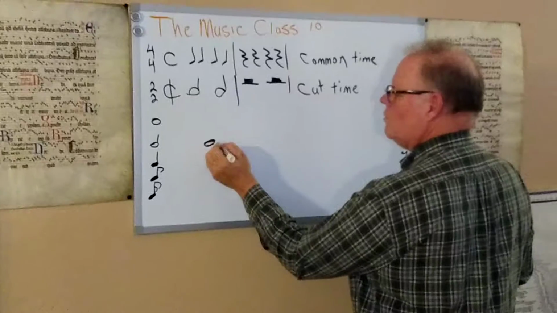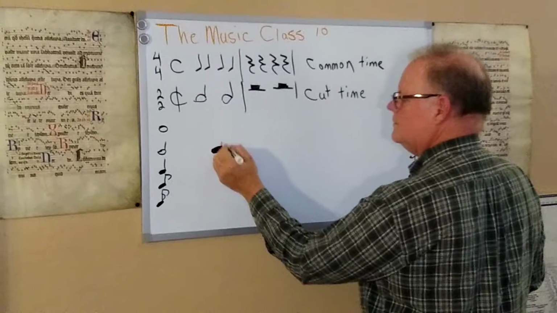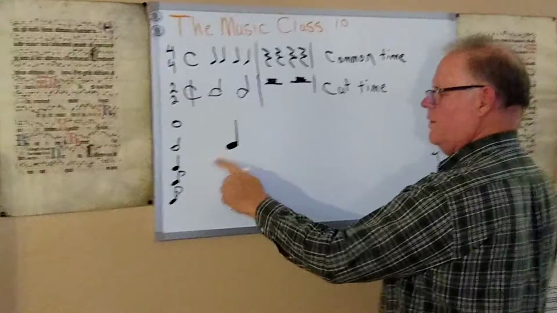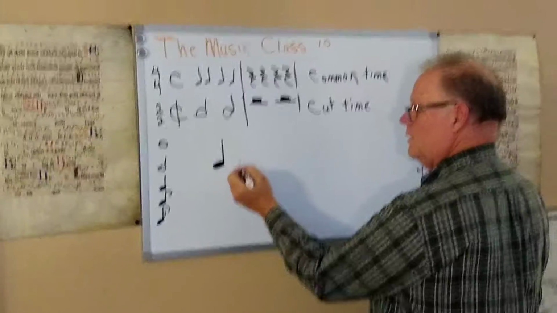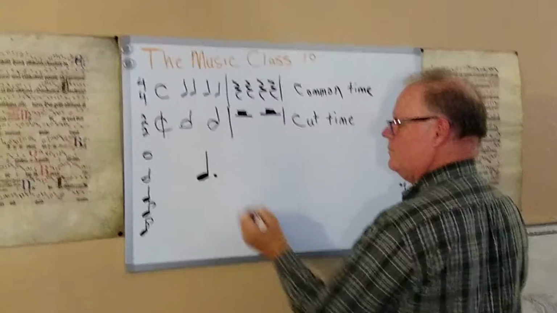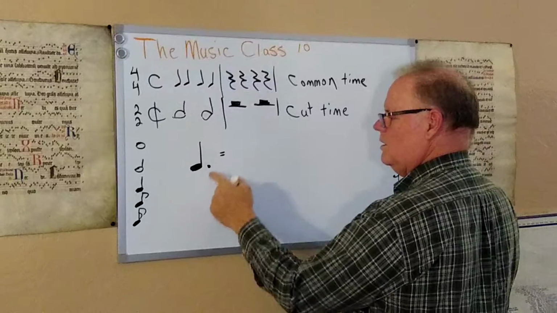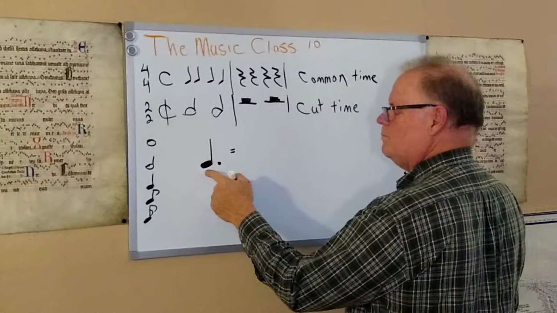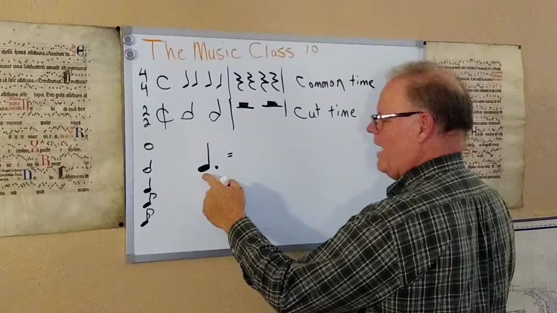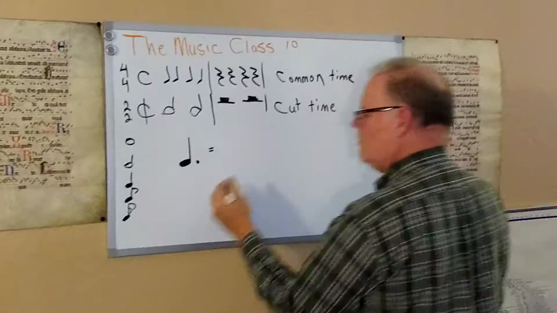So let's do this. I'm going to put a dotted quarter note. Now I know that this quarter note is worth 2 eighth notes. If I put a dot after it, this now equals 2 eighth notes plus half the value of this, which is another eighth note.